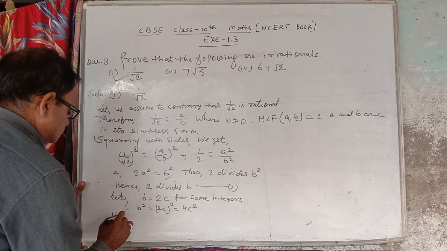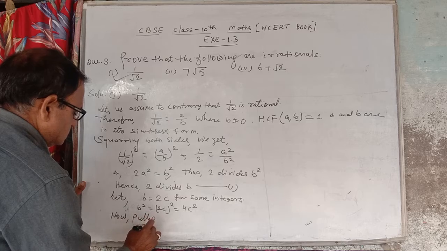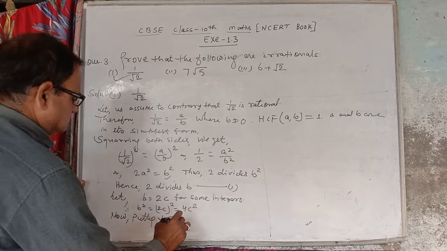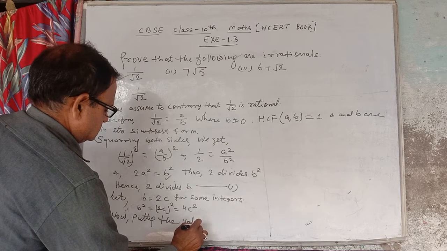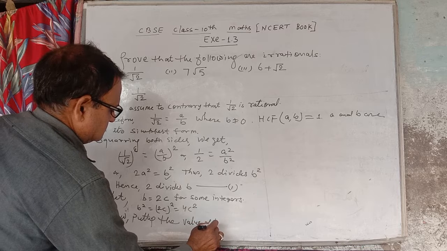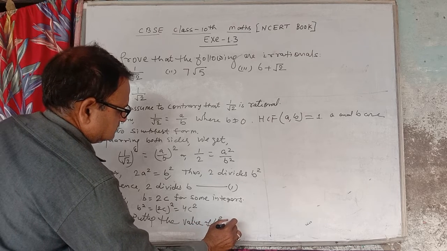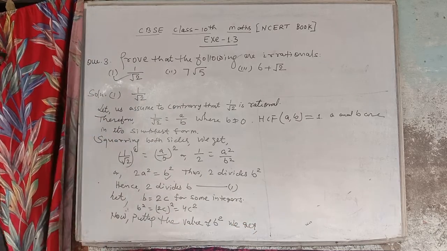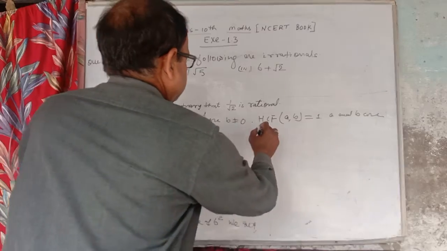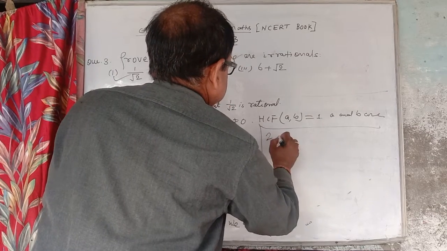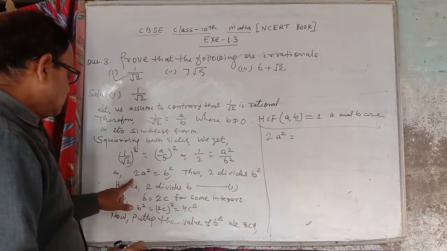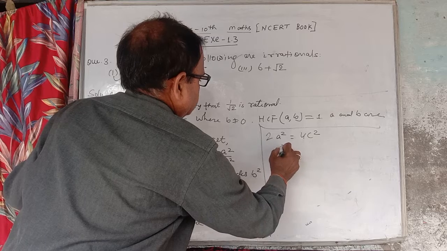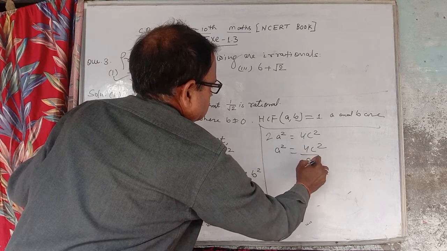Now, putting the value of b square, we get 2a square is equal to 4c square, and a square is equal to 4c square by 2.